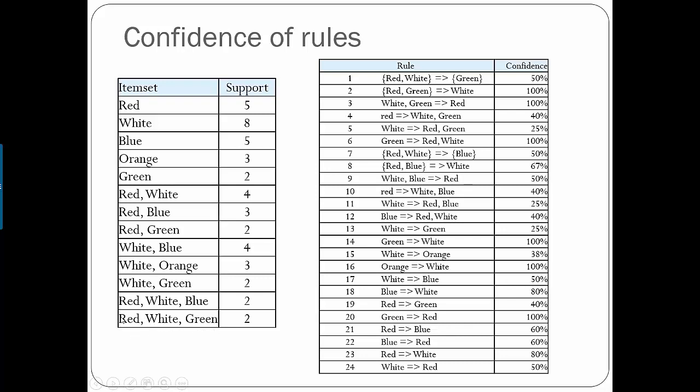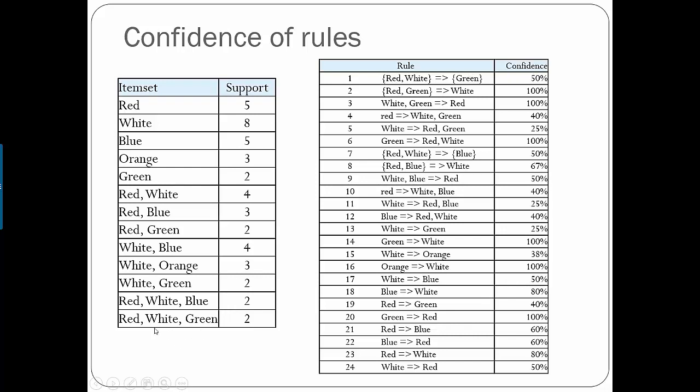So you get red, white and green, which is 2, divided by the support for the antecedent. The antecedent is red and white, which is 4. So 2 divided by 4 gives you 50% confidence for that rule.